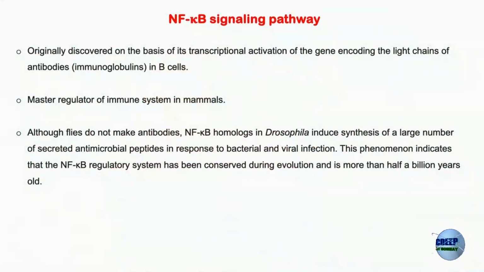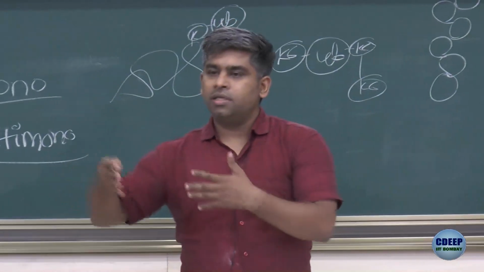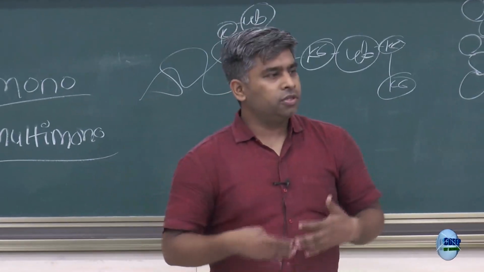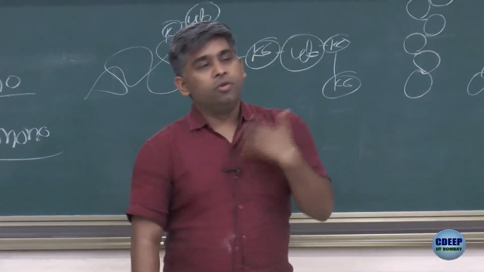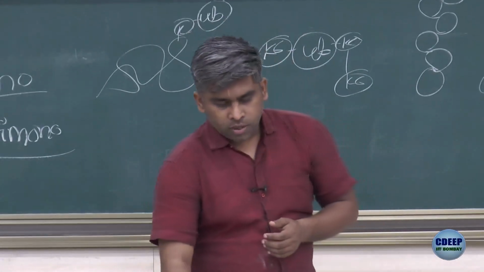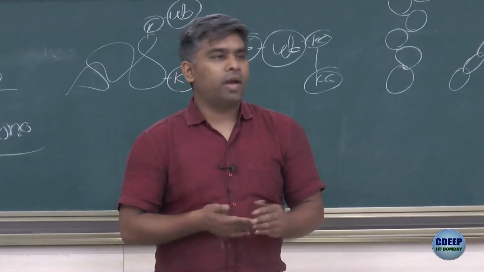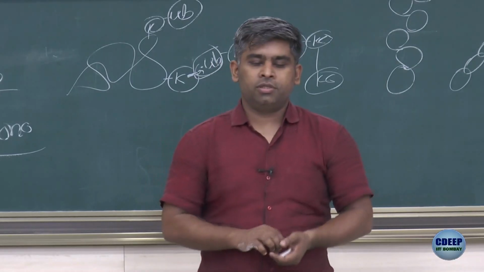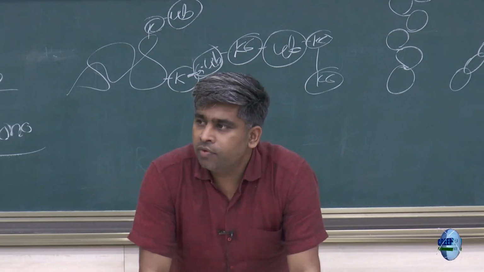So, the NF kappa B pathway is conserved from flies to higher eukaryotes and mammals, where in most cases it carries out immune cell functions and is very important in immunogenic responses. It gets activated in immune cells whenever there is bacterial or viral infection, inflammation, or acute exposure to ionizing radiation, which are very stressful conditions.